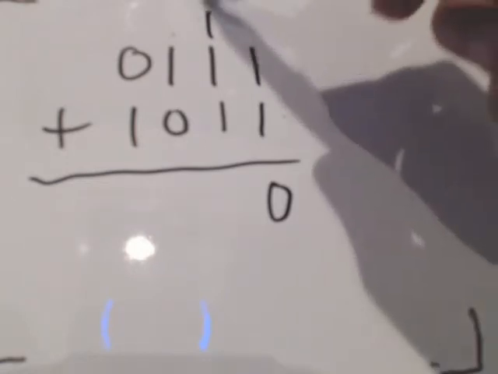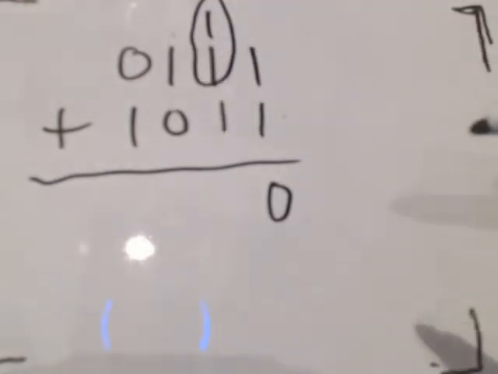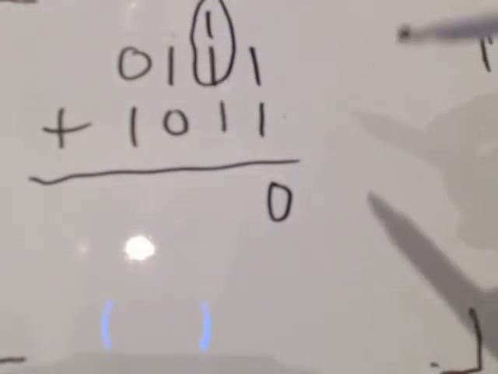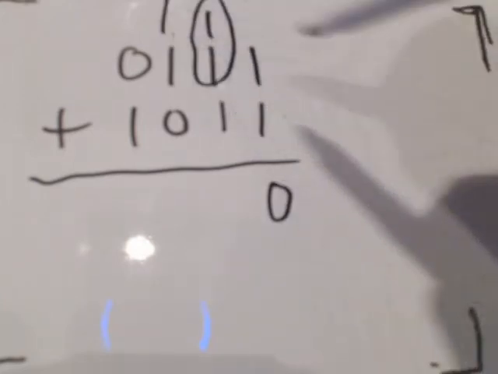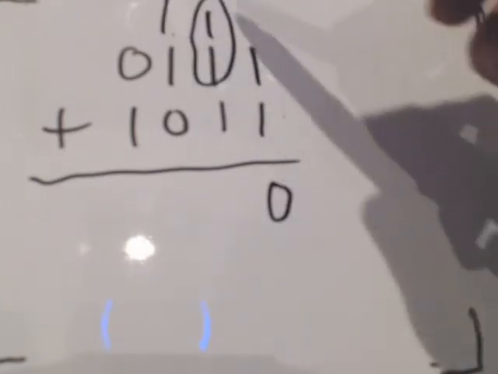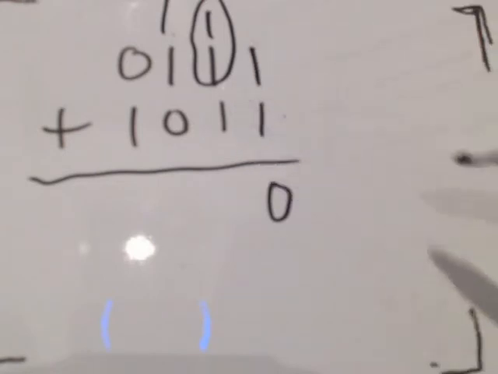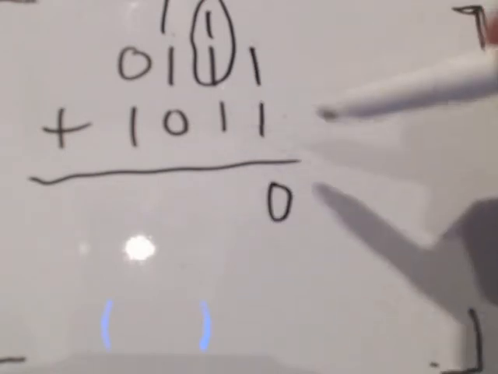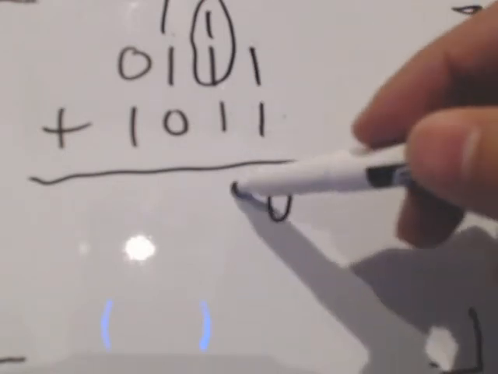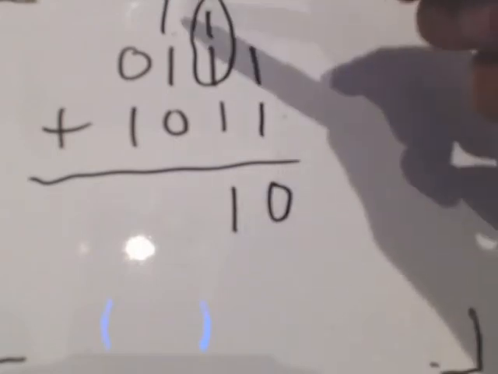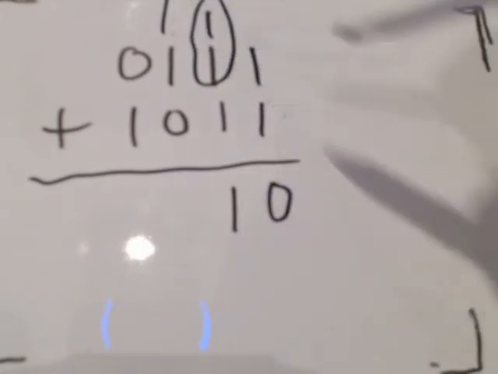So think about it as these two circled add up to a sum of 0 and we carry 1 over. So now we have this 0 plus 1, we have a sum of 1, but we still have that carry over from the previous, the top two numbers.